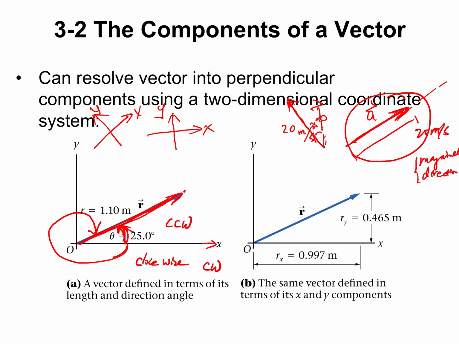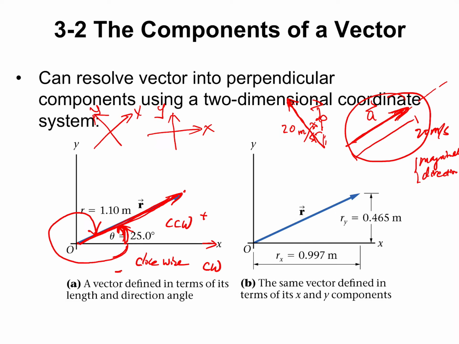This is clockwise, CW. Here's the definition: if you go from the positive x-axis to the vector in the counterclockwise way, then the angle is positive. If you go clockwise, the angle will be a negative angle.